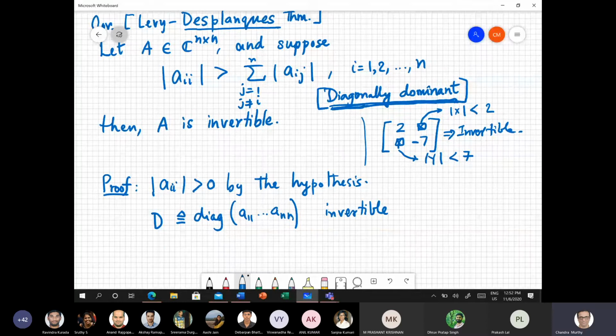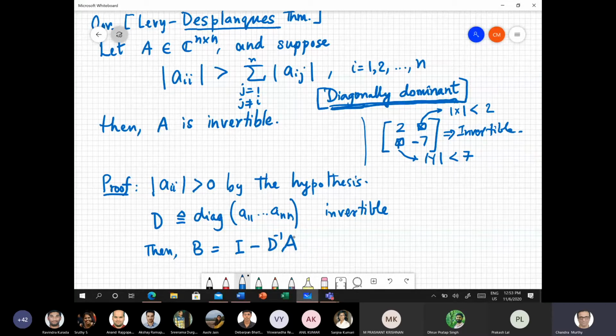So then, if I consider the matrix B equal to I minus D inverse A, this is a diagonal matrix which is operating on A. So what happens to the diagonal entries? The diagonal entries get scaled. The first diagonal entry will get scaled by A11 inverse. The second diagonal entry of this matrix will get scaled by A22 inverse, and so on. And so when I consider D inverse A, all its diagonal entries will be equal to 1.